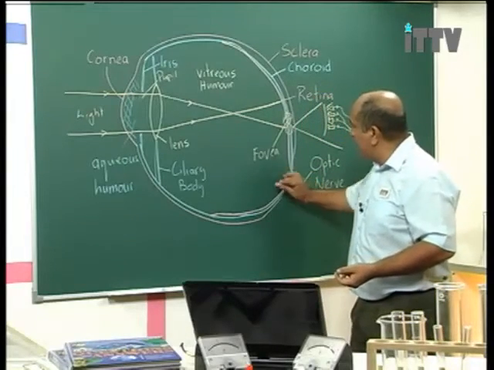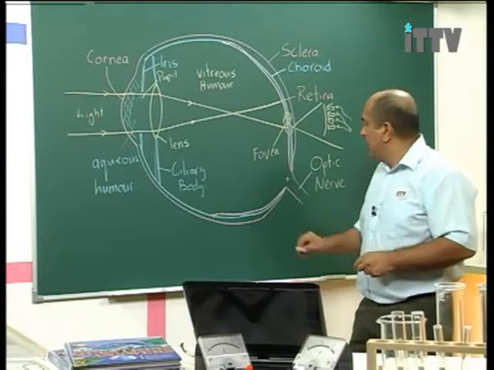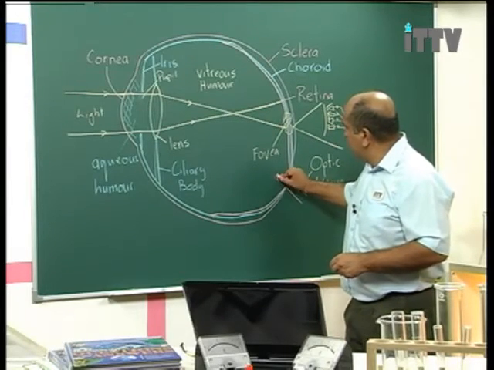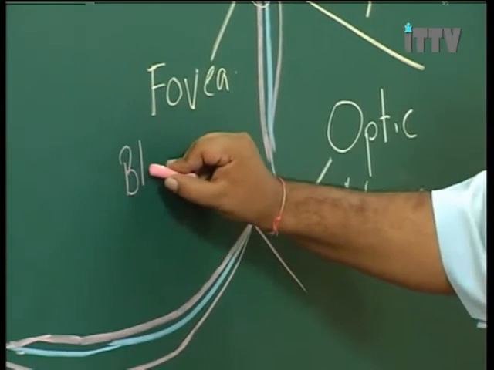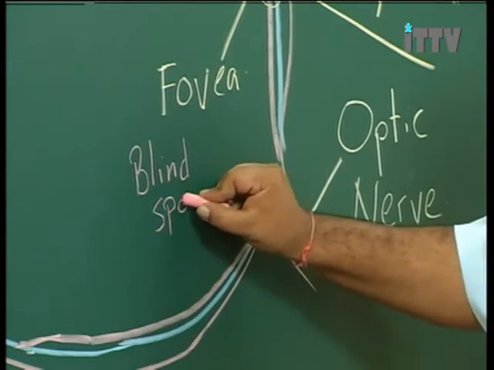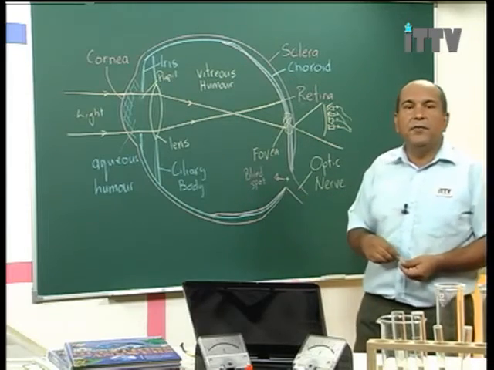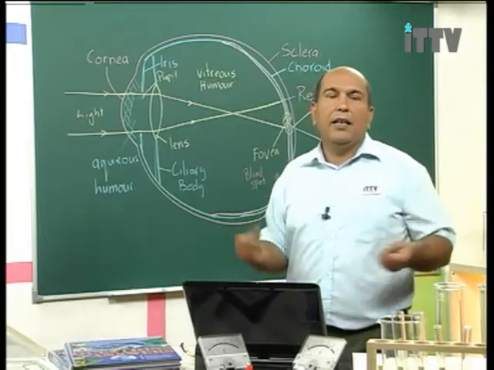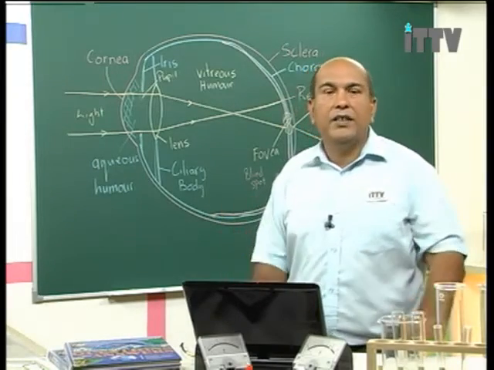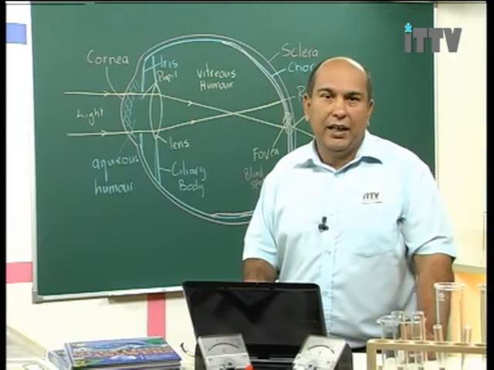Any light that falls on this area will not be detected. So this is known as your blind spot. Okay, it's where the optic nerve leaves the eyeball, and unfortunately there is no retina on this area, so we are not sensitive to light here.